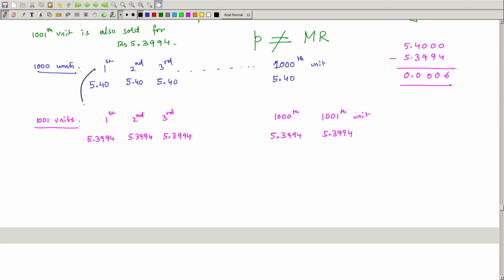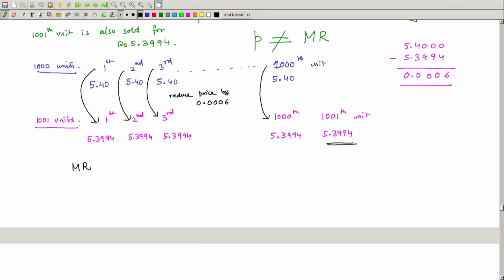So, on every one of these units, from the first unit till the 1000th unit, I had to reduce the price by 0.0006.